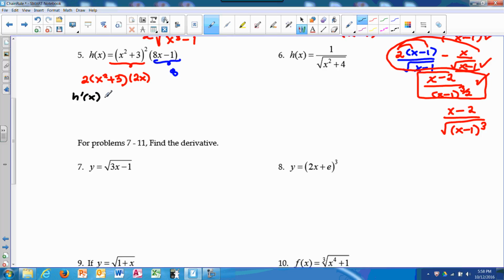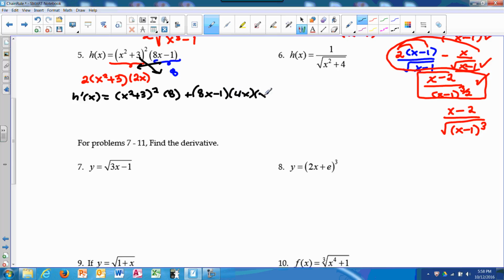Remember, for the product rule, we cannot just multiply those together. We have to do our little wife swap. So h prime of x is the original first term with the alternate derivative plus the original second term multiplied by the alternate derivative.